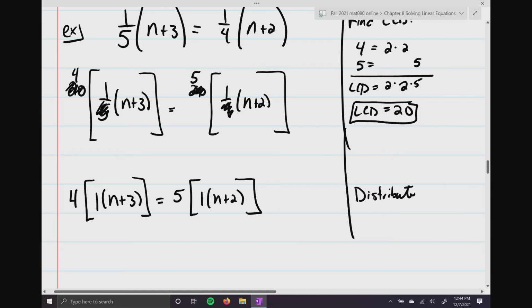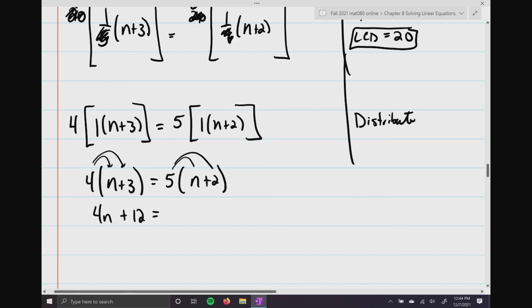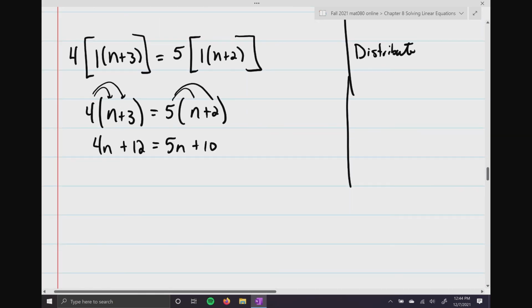So 4 times 1 is 4 times the quantity n plus 3 equals 5 times 1 is 5 times the quantity n plus 2. Now I will distribute the 4 to give me 4n plus 12 equals. Distribute the 5 to give me 5n plus 10. Step 3, combine like terms.